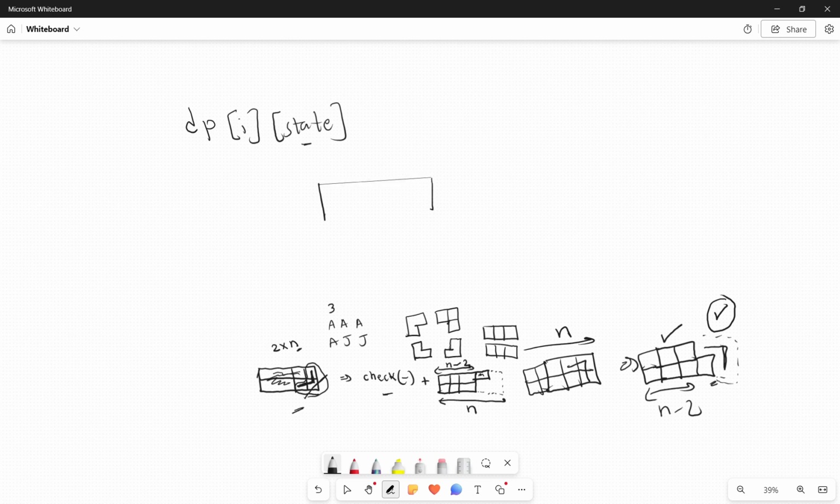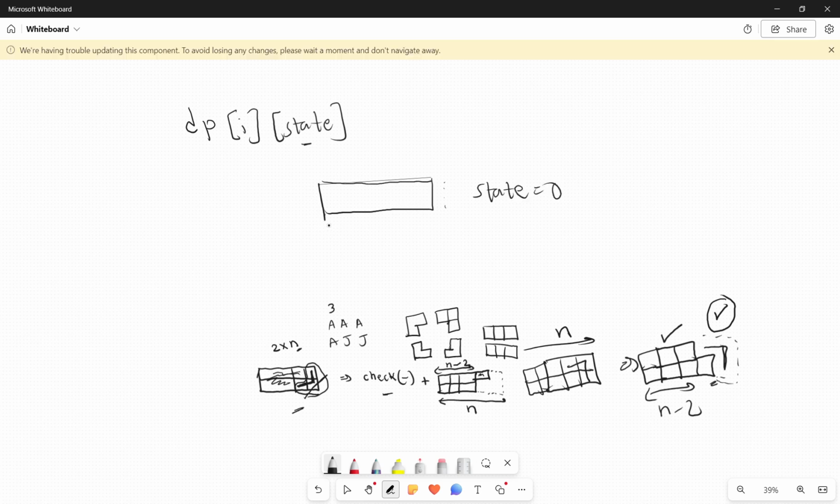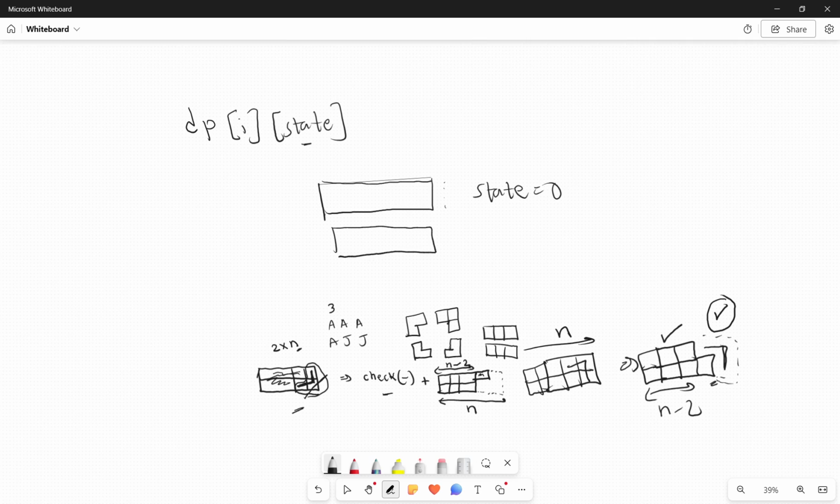Suppose this is the remaining shape with no half column there; I will assume the state for this is 0. If one half column is there, on the upper side, I will assume it is state 1. And if the half column contains the cell on the downside, I will consider this as state 2.